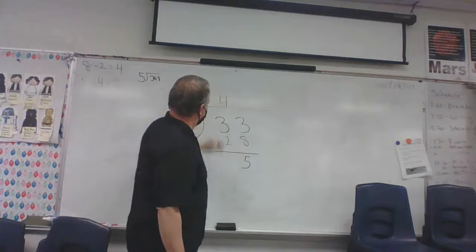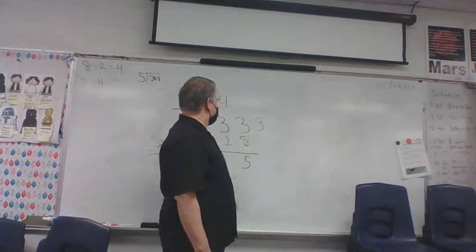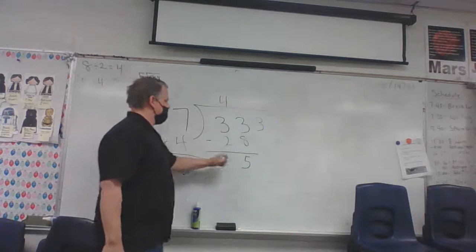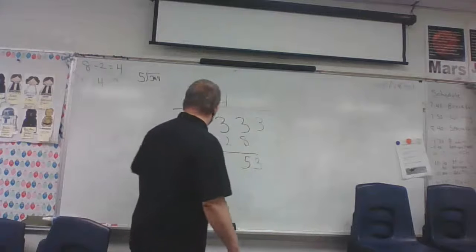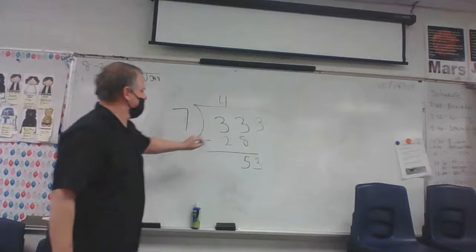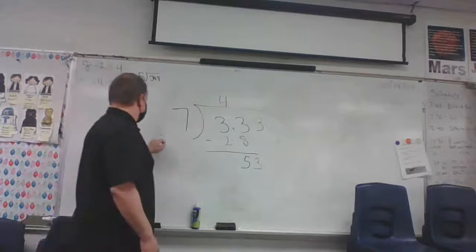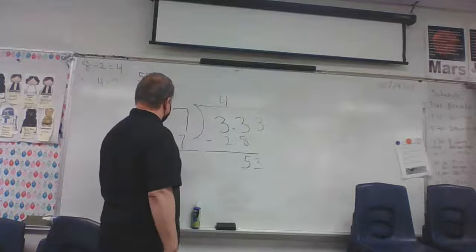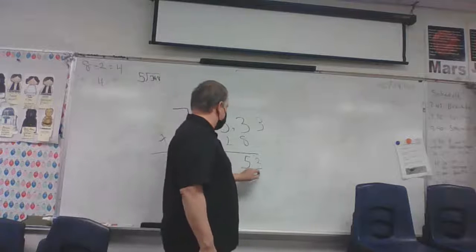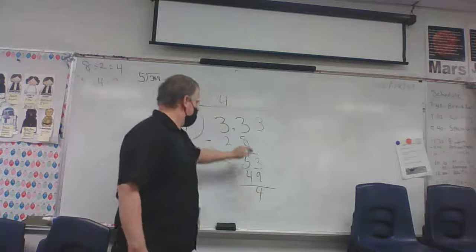But remember, our number is 3,339, so I have to bring down the 3. It's a little complicated. 53, and 7 times 7 is 49. So I have to use my 49. 53 minus 49 is 4.